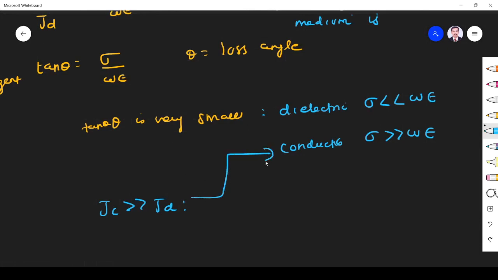That is a very important point. Then sigma must be far greater than omega epsilon. That means conductivity is very high. A conductor should have conductivity of very high value. So that is a correct definition, and one important point.